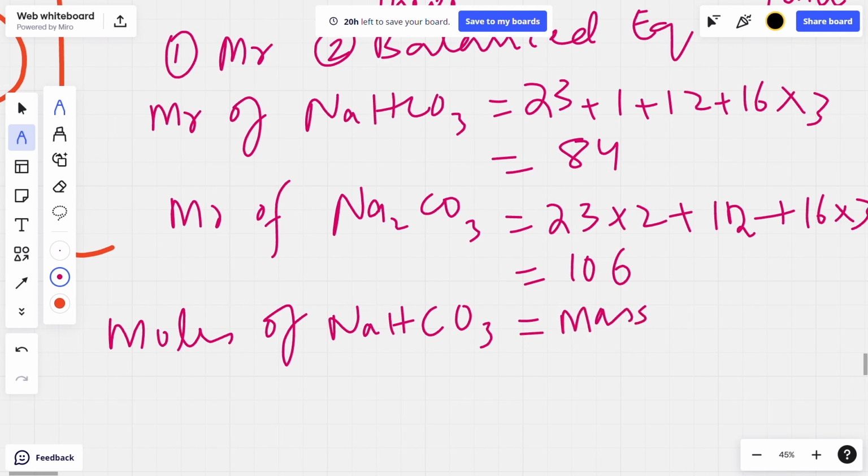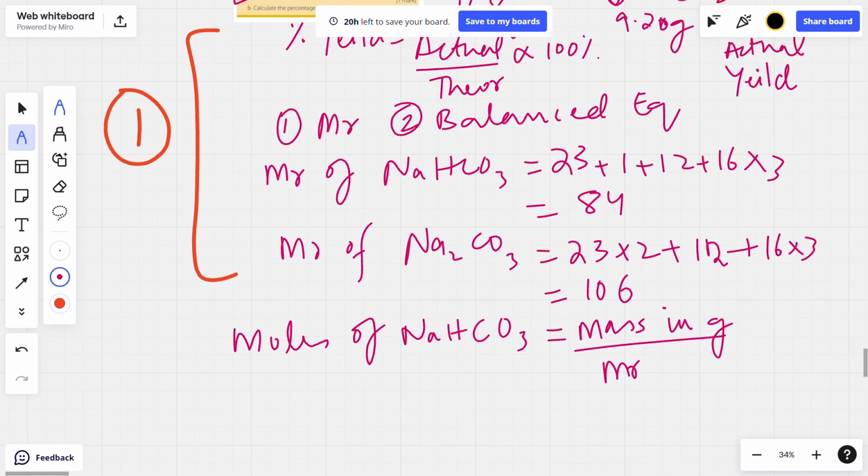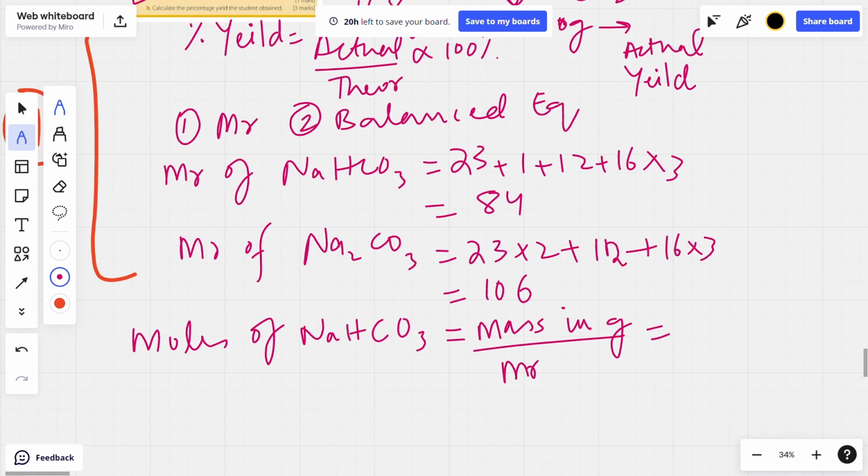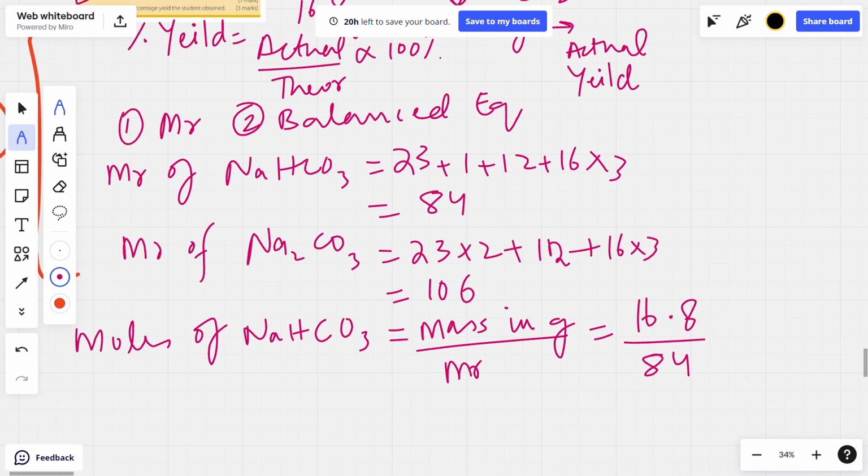For finding out the number of moles, we know the mass in gram divided by formula mass. So here the mass is 16.8 divided by 84. So that would be equal to 0.2 moles.